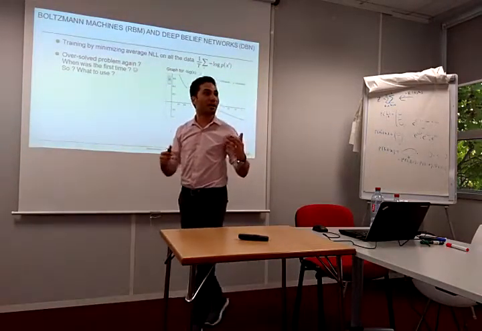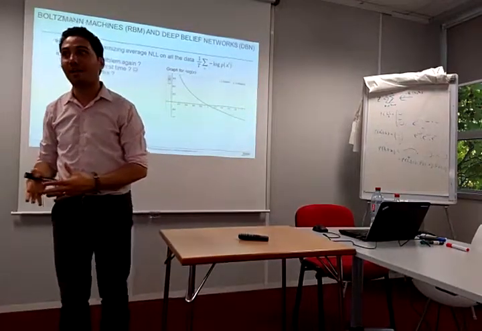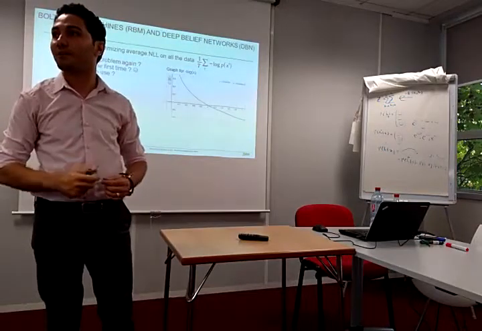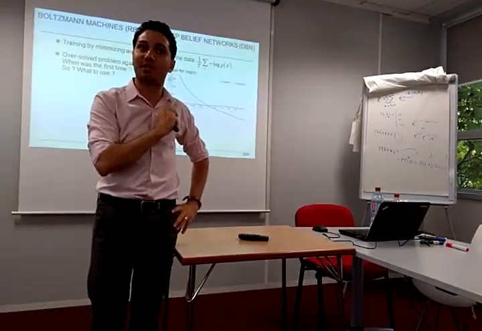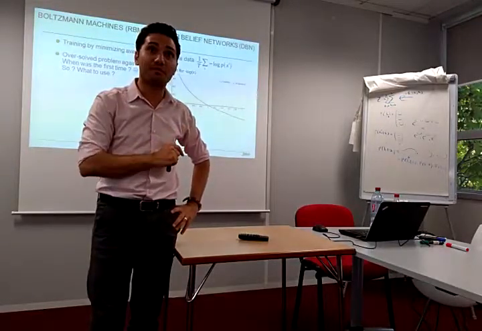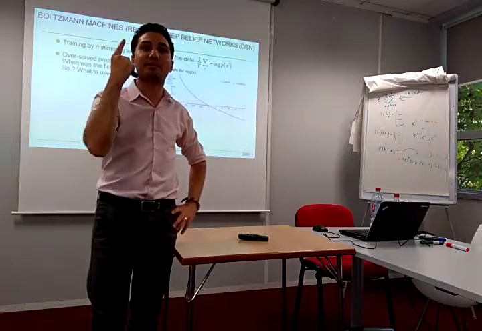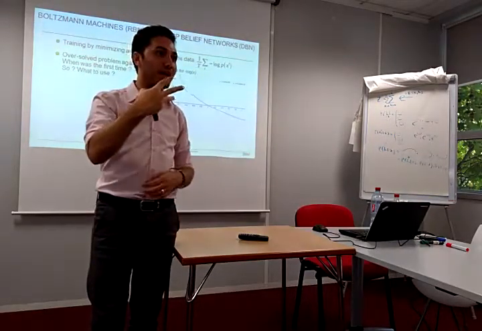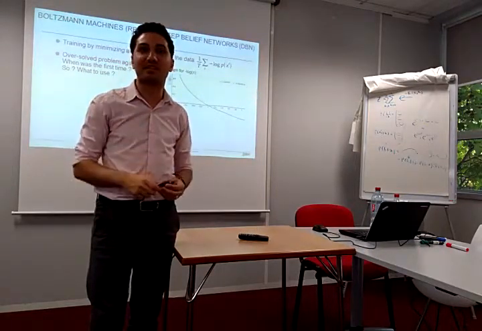We need to model P of x according to the training data. If we ask the trained model, what is the probability of this training sample that you trained on? If it is trained well, it should give 1. My belief about this training sample is 1. If it is a random model and you give it an image from the training data, it will say the probability is 0.5.